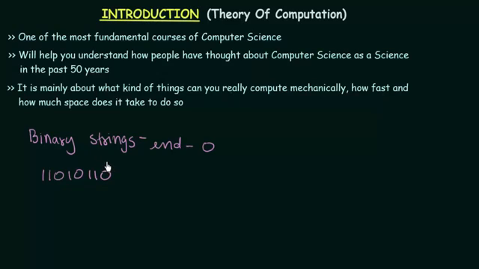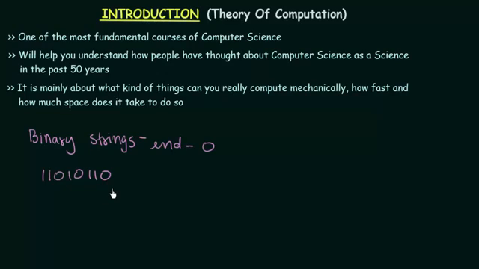Now I should check whether this string is accepted by my machine. As a human being, how would I perform this task? I would just look at the last digit, and if it is 0, I say yes, I accept it. If I find that it is 1, I say no, I reject it.